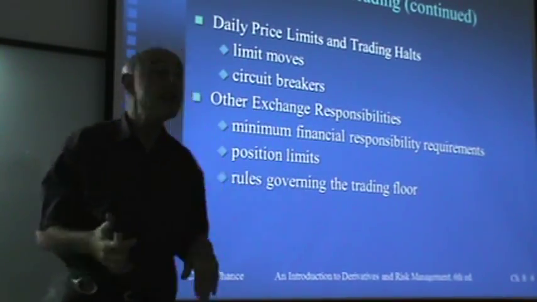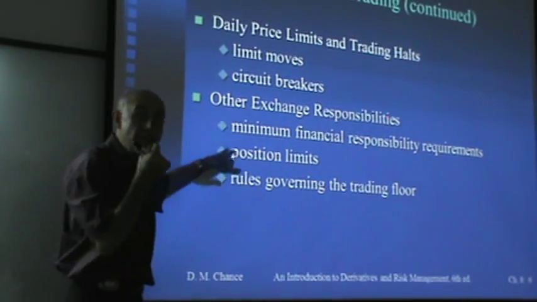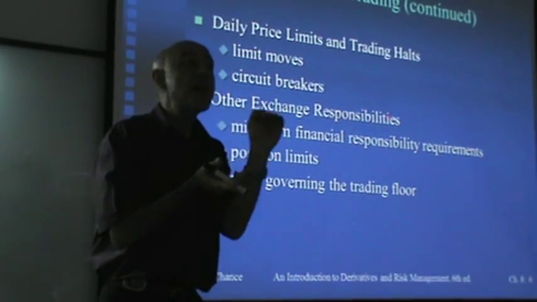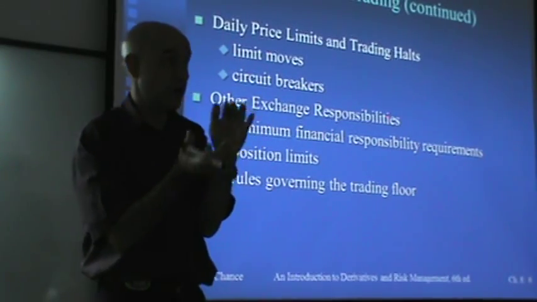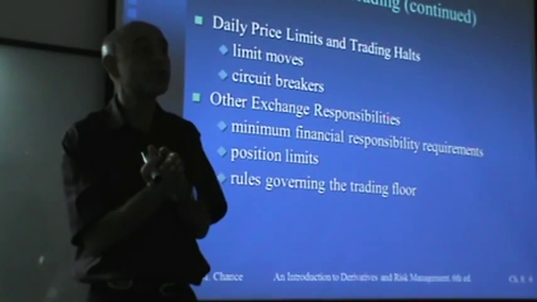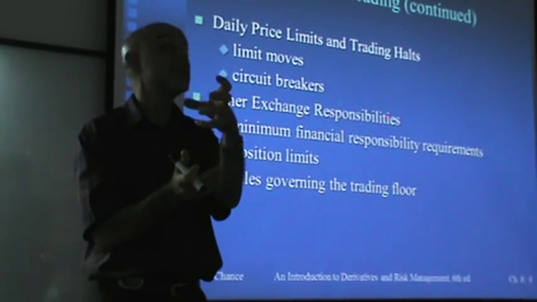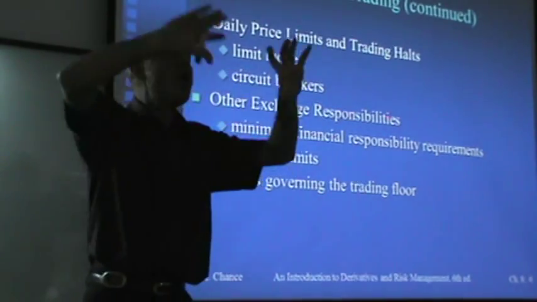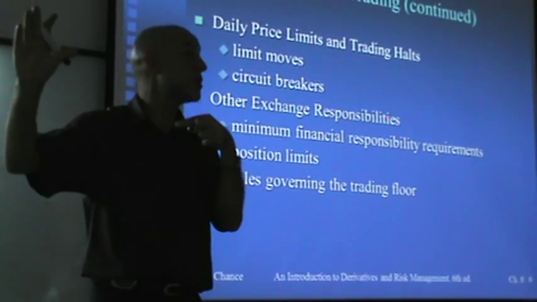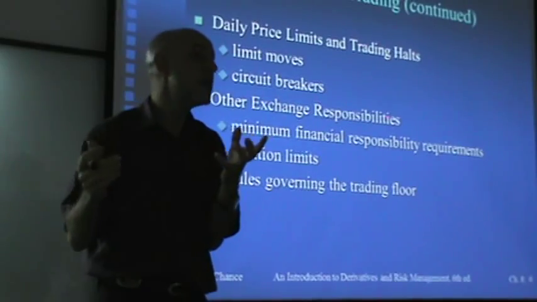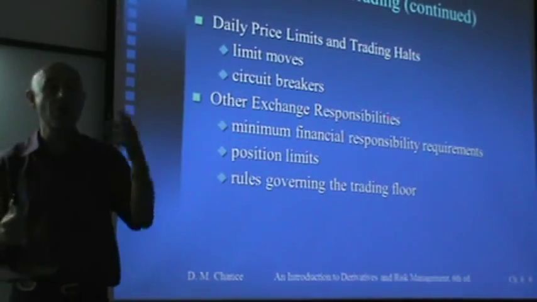So, in general, position limit is the number of total contracts, total position, whether long or short, that a particular entity can take throughout all of their futures and all of their options positions jointly. You can't take more than 10,000 contracts.